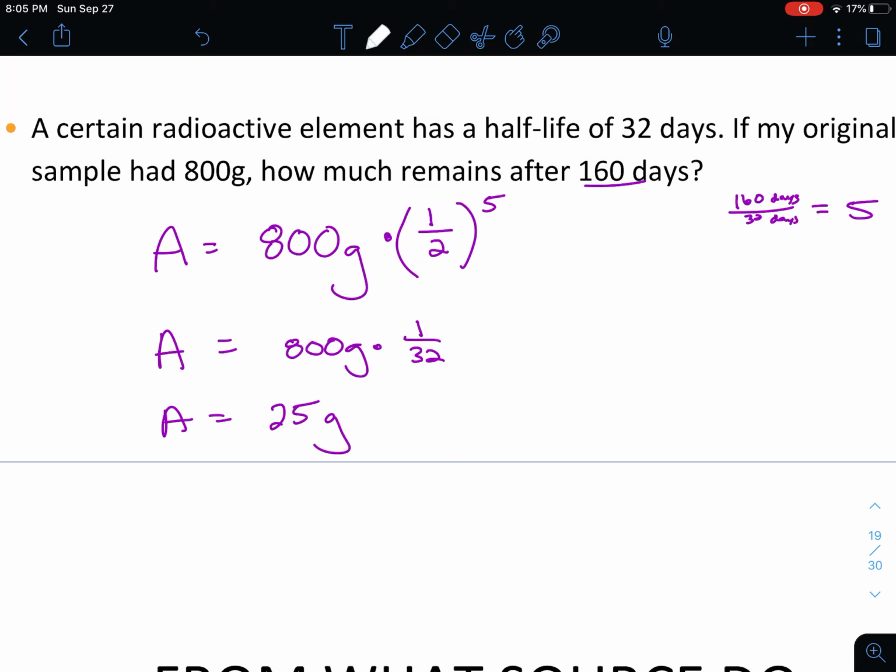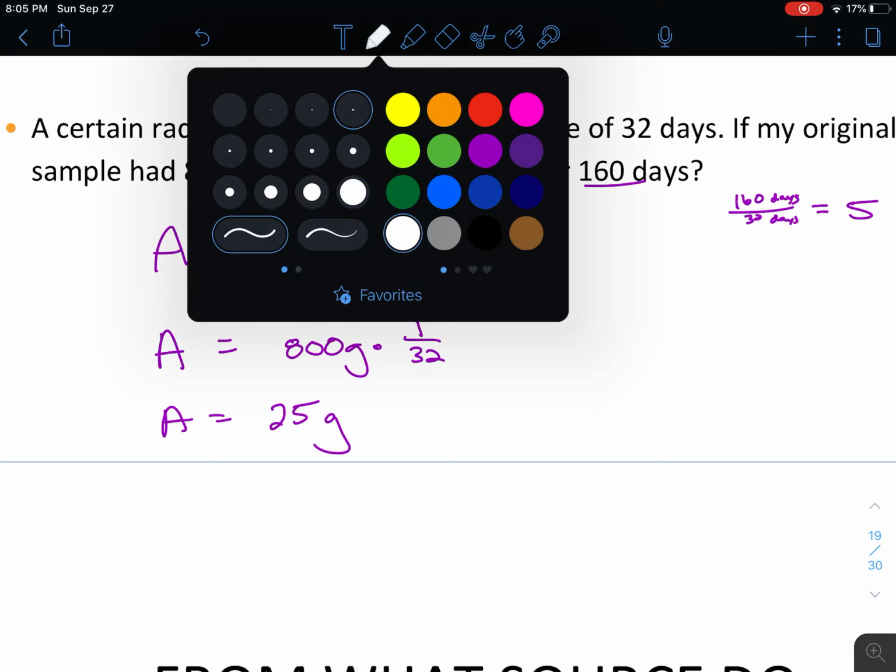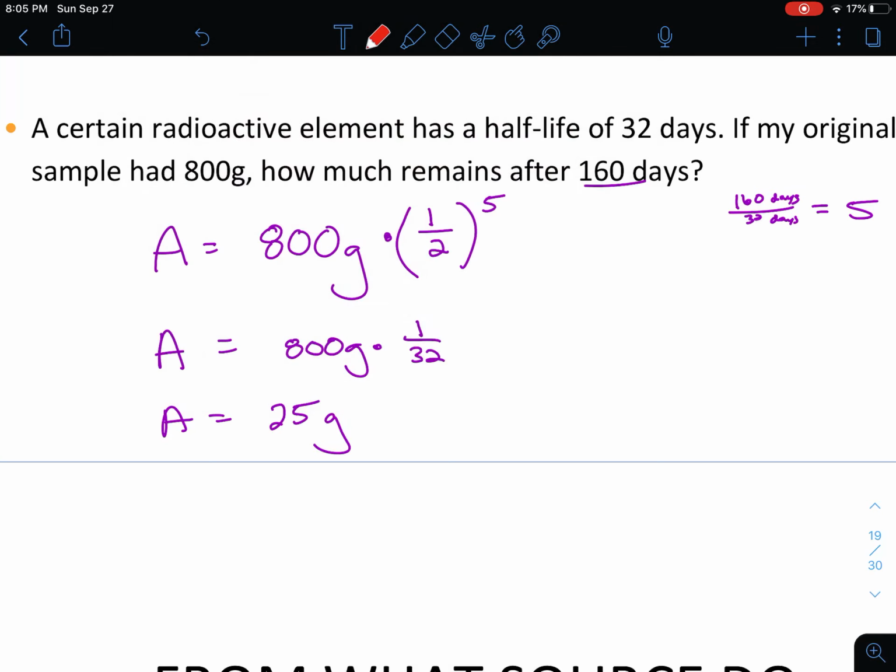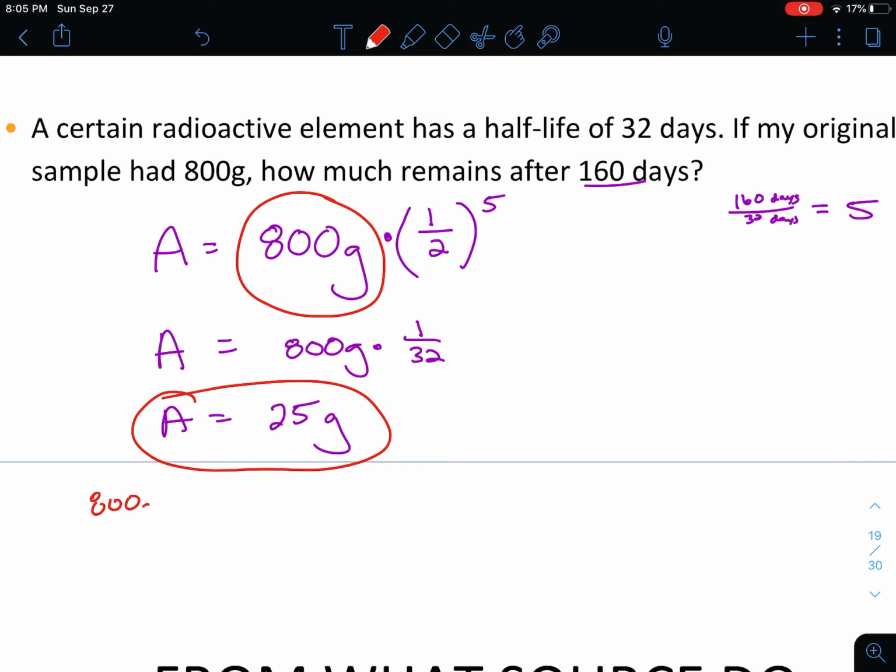So in looking at this, this is what you would end with, and this is what you started with. If you really wanted to, you could say, okay, 800 grams, after one half-life, which is 32 days, I would have 400 grams. After another 32 days, I would have 200 grams.